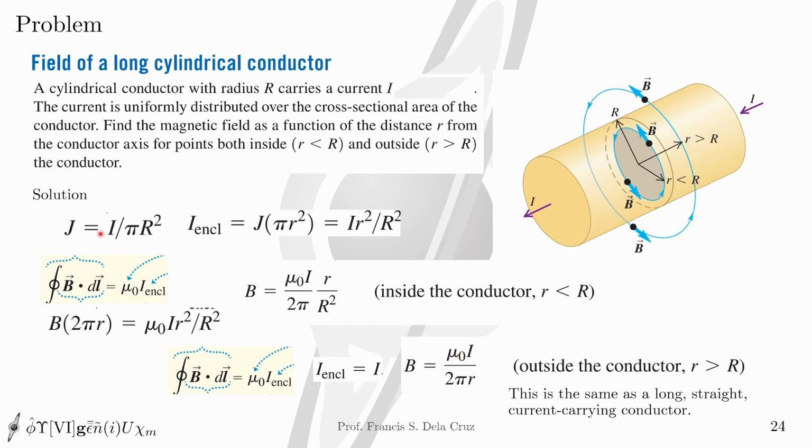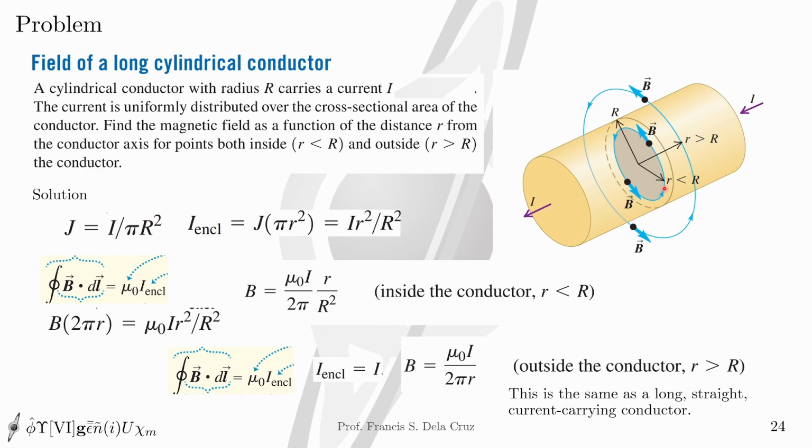The integral of dA will just be the area of the circle, the cross section. That's why it's pi R squared, the area of the entire cross section of this long cylindrical conductor. And now we know that if we use these paths, we have two paths here.